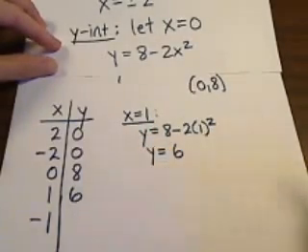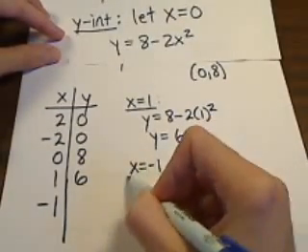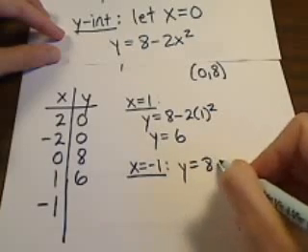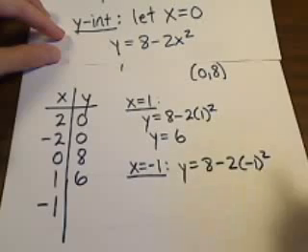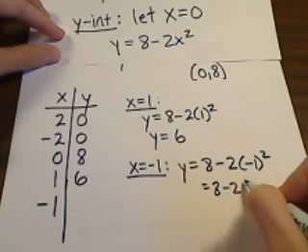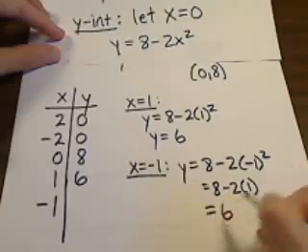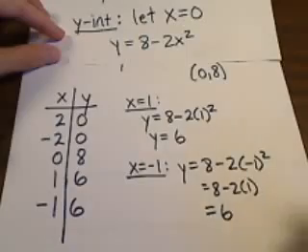So the ordered pair point 1, 6 is also on there. And then for x equals negative 1, we're going to plug that in as well. When we take negative 1 and square it, we just get a positive 1. So this becomes 8 minus 2 times positive 1, which again is 8 minus 2, so that becomes 6 also. Okay, so there's an additional couple of points.